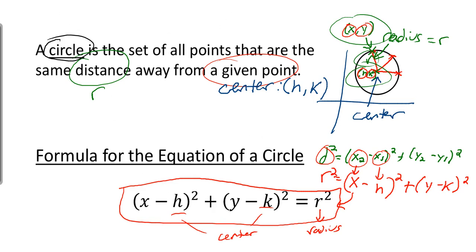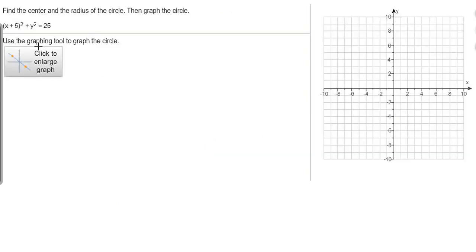All right, let's take a look at an example. So here we're given an equation. I'm going to write it over here a little bit bigger. We have x plus 5 squared plus y squared equals 25. The directions are asking us to find the center and the radius, and then to use that information to graph the circle.